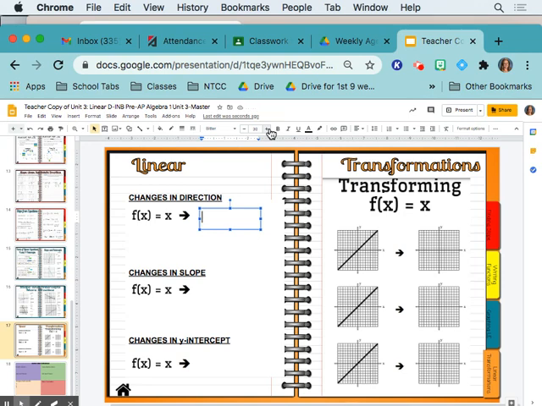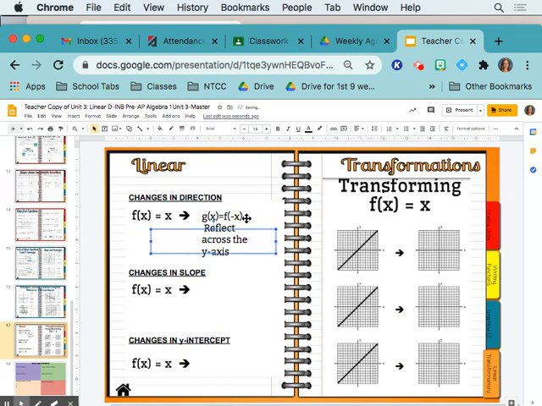So then I'm going to say g of x equals f of -x. And then right down here, reflect across the y-axis. Anytime you see that it's now f of -x, that means that you're plugging in -x for x. Whenever you do that, that causes a reflection across the y-axis.